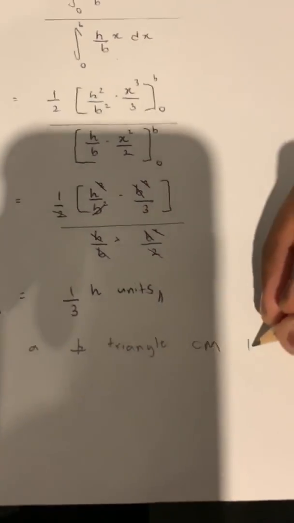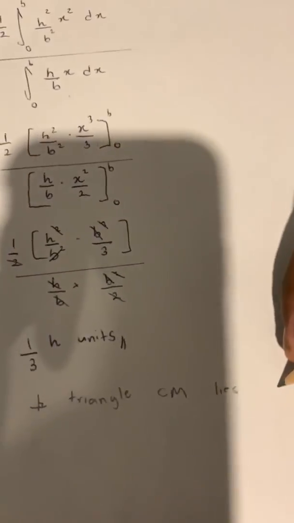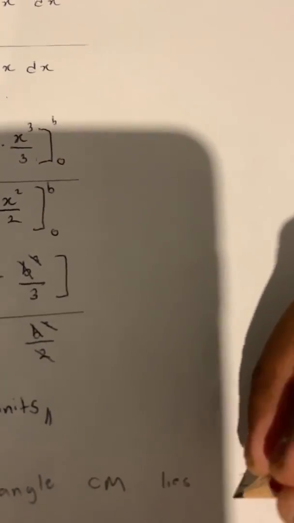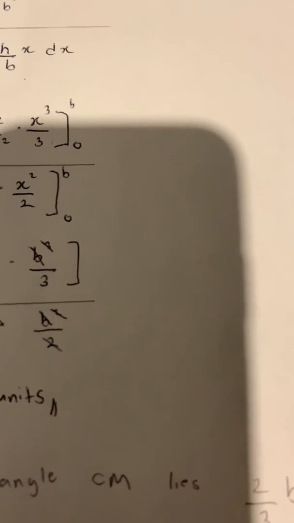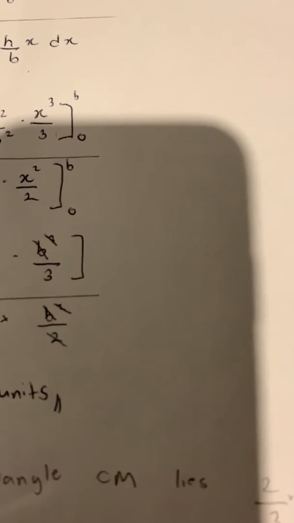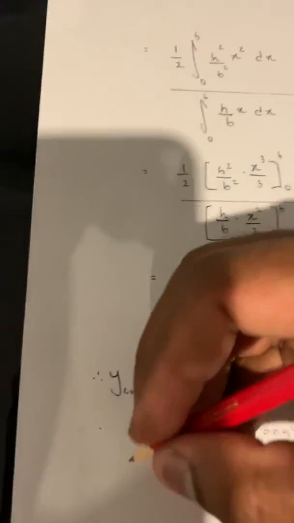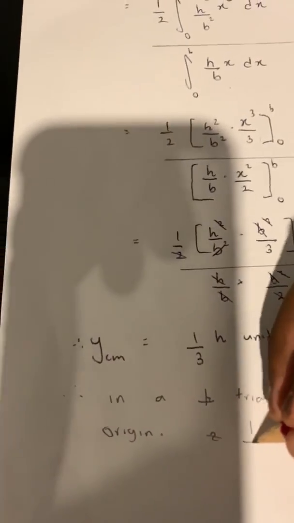So because of that, we can say in a right angle triangle, the center of mass lies 2/3 of the base from the origin, and 1/3 of the height of the triangle.